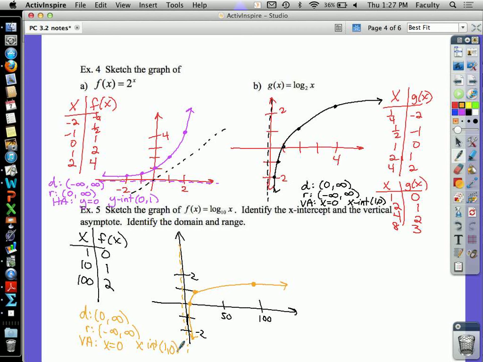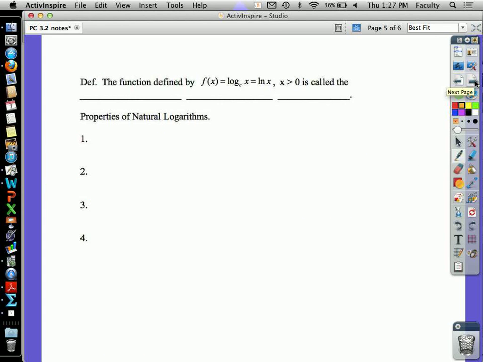All right, any questions? All right, then let's do the natural logarithm, ln x. It says the function defined by f of x equals log x base e. We call that ln x, or the natural logarithmic function.